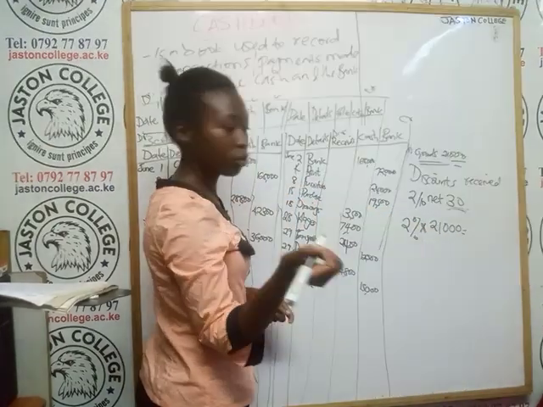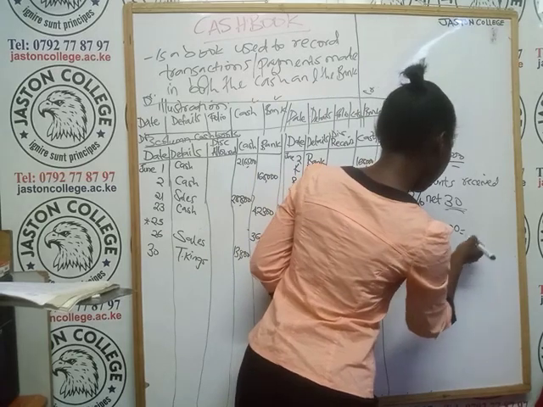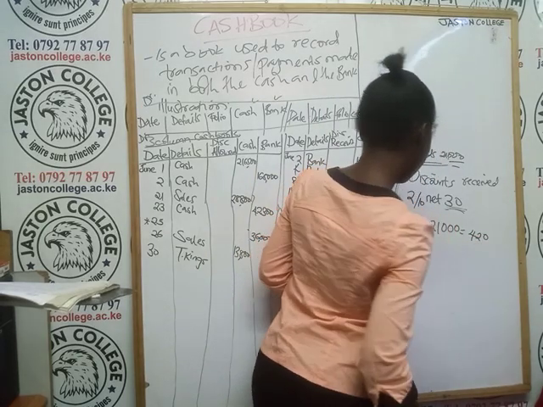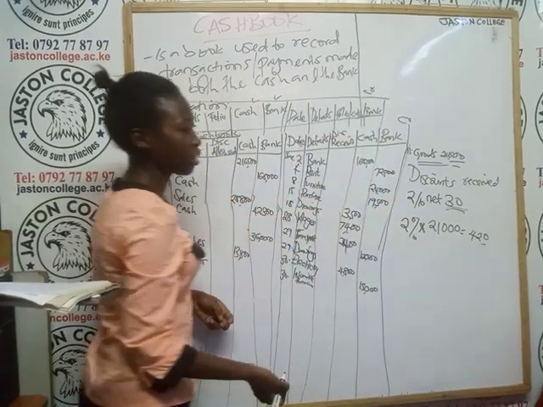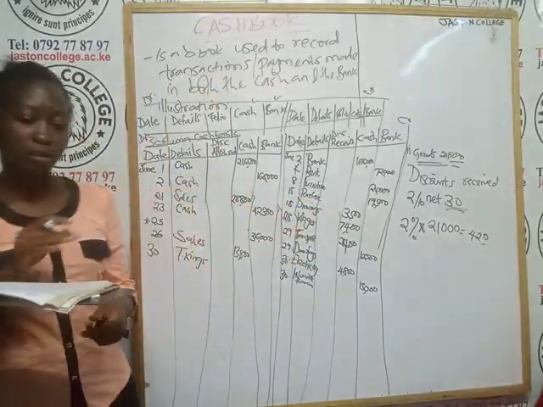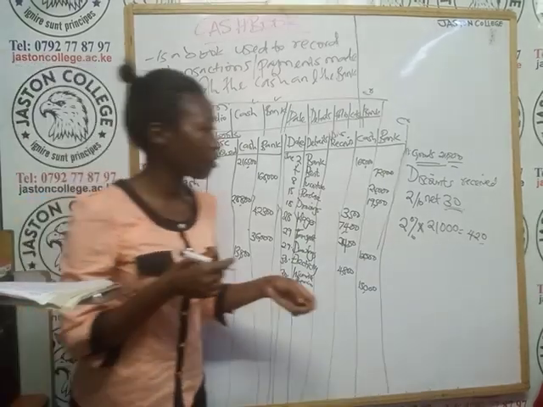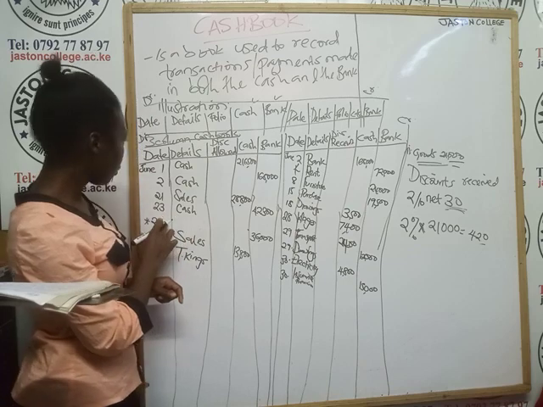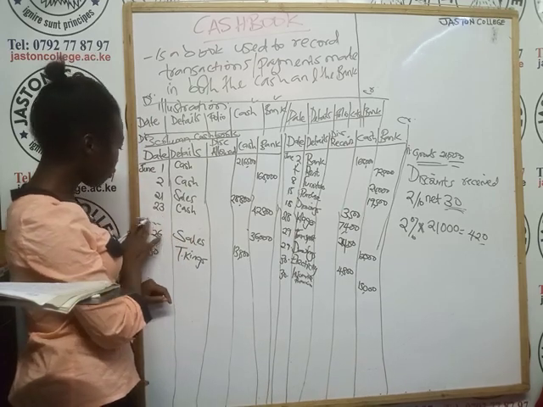That means our 2% discount will be 420. Yeah, it will be 420. 420 our discount received. So we will come here on 25th.